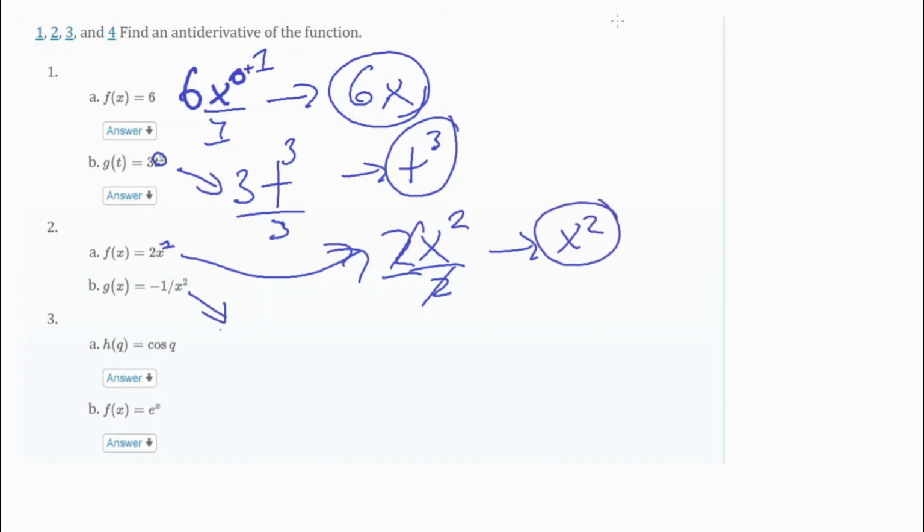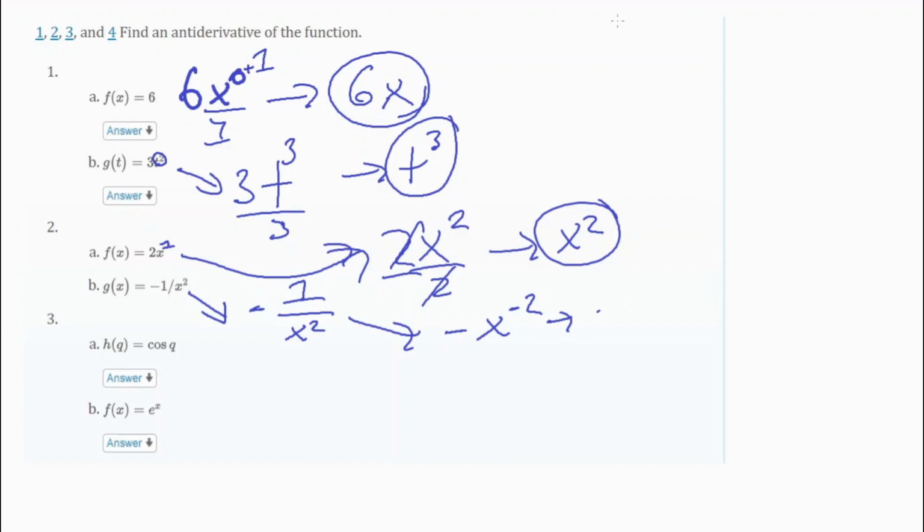And then let's look at this one. This one is going to be negative 1 over x squared. We could actually rewrite this as negative x to the negative 2 power. And so when we find the antiderivative of this, we're still going to add 1, which would mean that the exponent would be a smaller number, or a bigger number on the negative side technically.